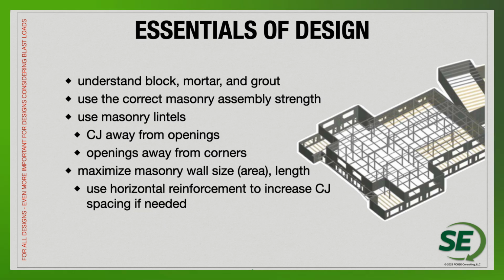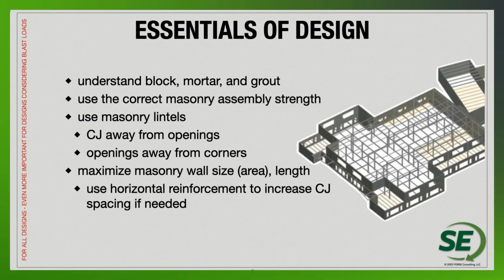We said before we're going to talk about some of the essentials for masonry design. What does that look like? Understanding properties for the block we're going to use in masonry, the mortar, and the grout. What are some of the different assembly strengths that we should be using for typical masonry design? Is that going to be sufficient for an event like a blast loading?